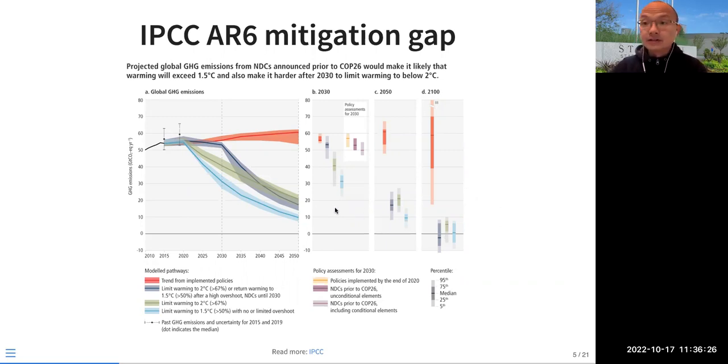So the difference between the implemented policies and those desired outcomes is what we call the mitigation gap. And from here, the mitigation gap ranges from, if we subtract 60 to 10, about 50 gigatons of CO2 emissions each year, if we use 2050, that's the gap we are describing.